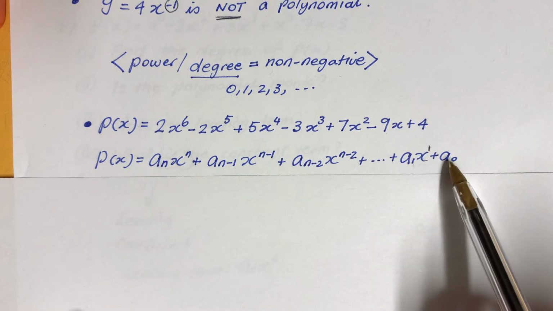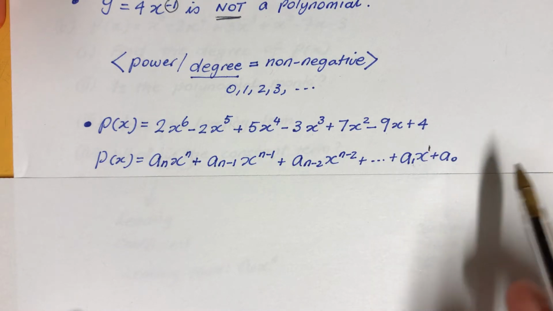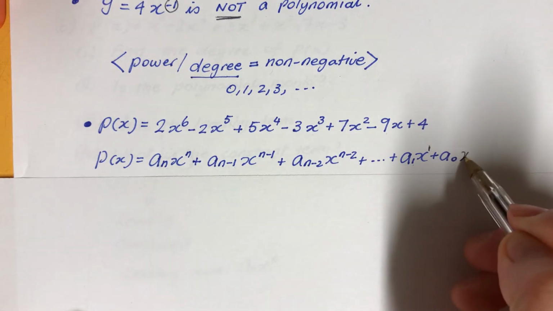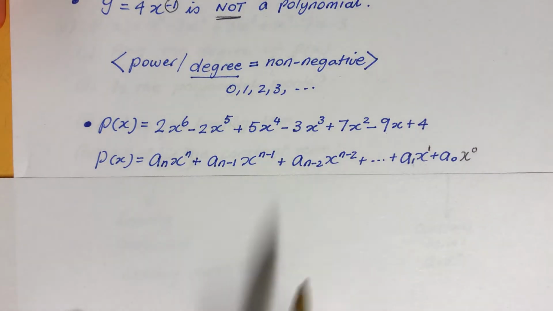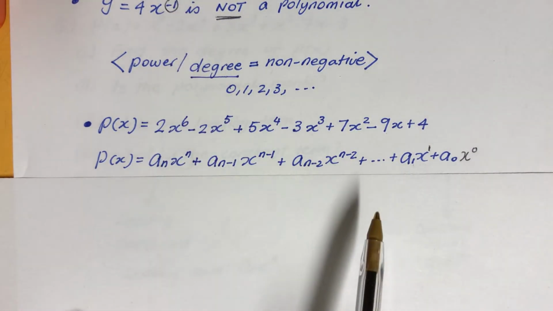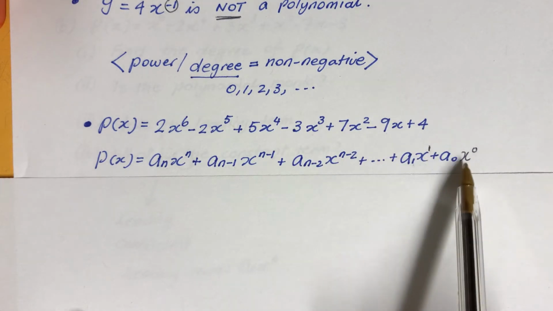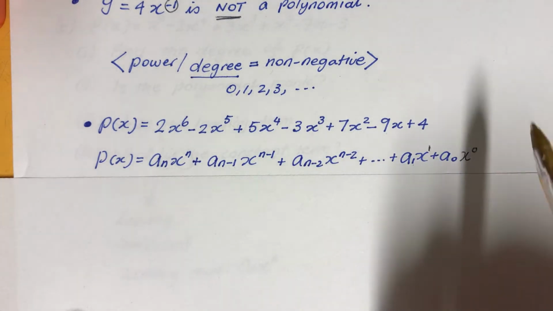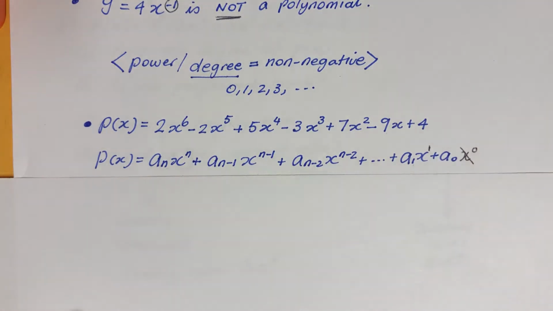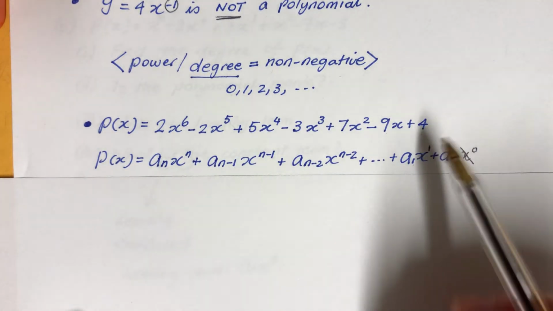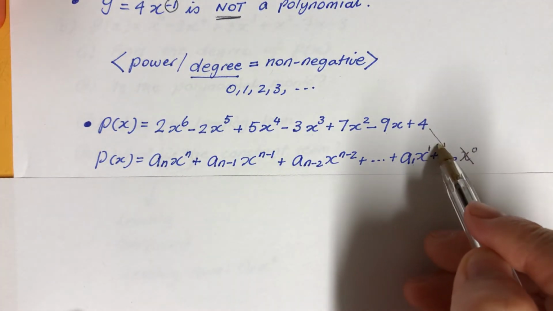Now here, the a to 0 term, which will be x to the power of 0. Again, similar to what we did for example y equals 4. We don't write x to the power of 0 anymore because it's 1. So that becomes just the constant term here.